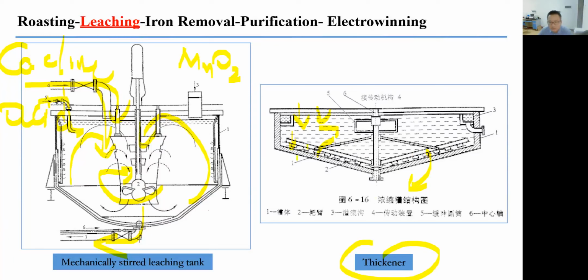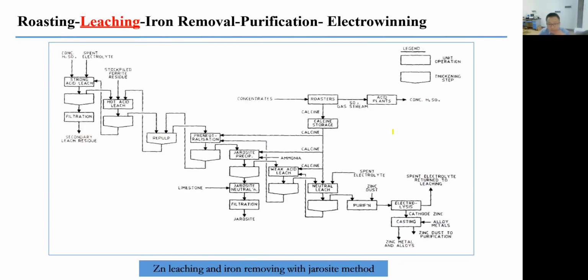With this rotation of the screw, the solid parts will merge and get enriched into the underflow. And the clean solution phase will flow from this pipe and go to the following process. So that's the equipment for the leaching process.